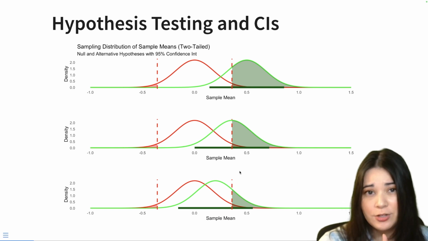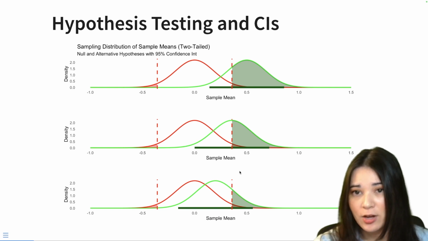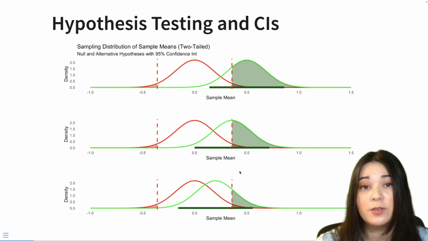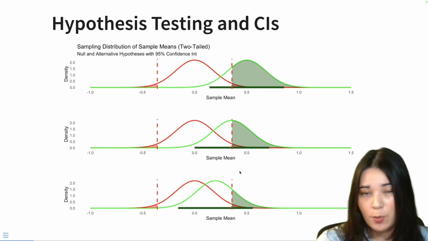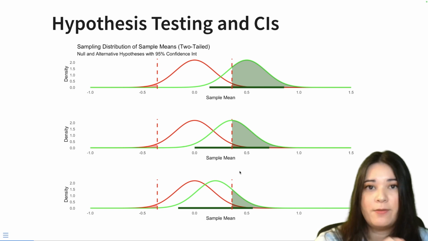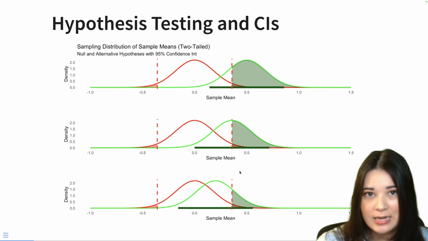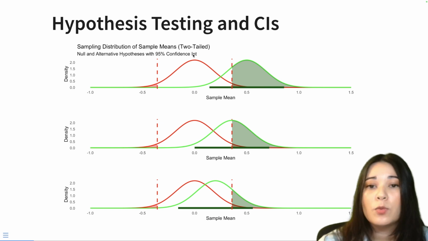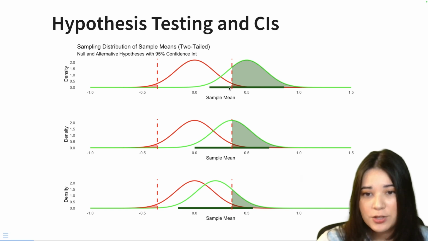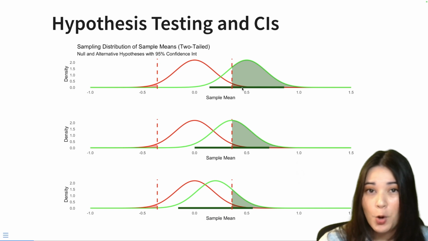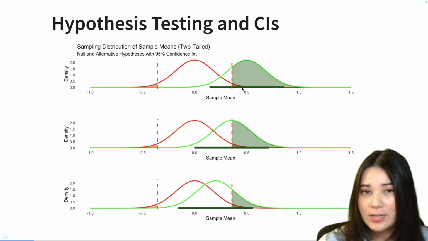And I want you to pay attention to the fact that a 95% confidence interval is going to correspond to an alpha of 0.05. So when we have a 5% type 1 error rate, that is basically corresponding to a 95% confidence interval. Now, what I want you to pay attention to for each of these confidence intervals is whether they overlap with our null effect of 0.